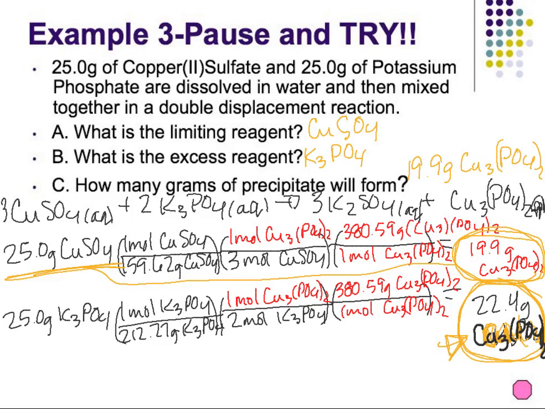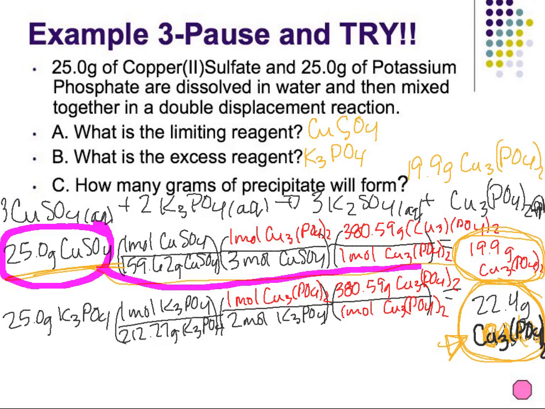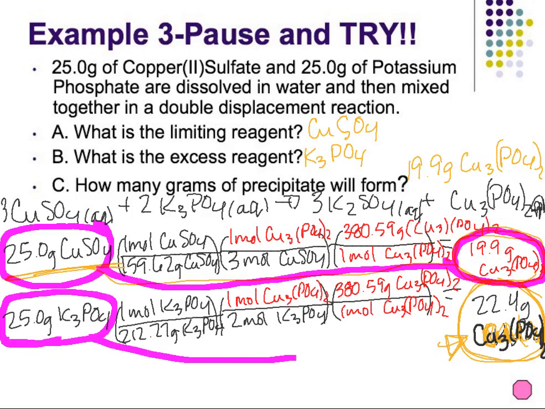So getting out my pink highlighter, I've got what this math means down here. 25 grams of copper 2 sulfate will produce 19.9 grams of copper 2 phosphate. 25 grams of potassium phosphate will produce 22.4 grams of copper 2 phosphate.